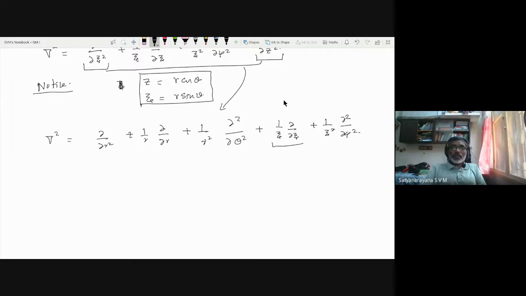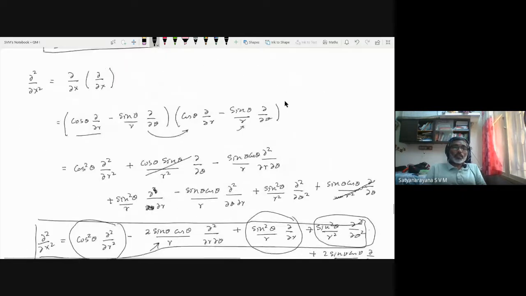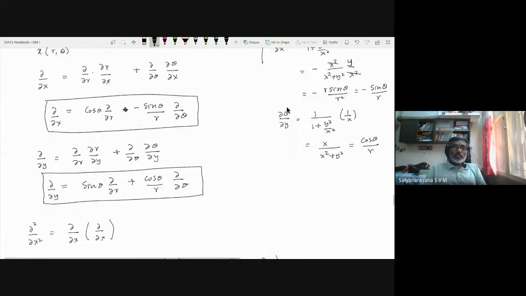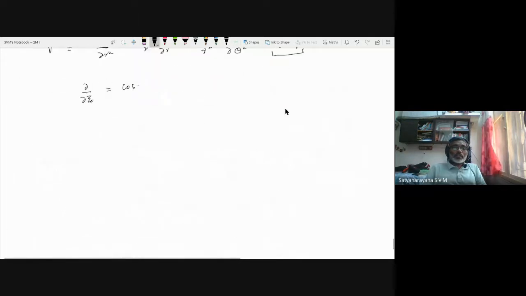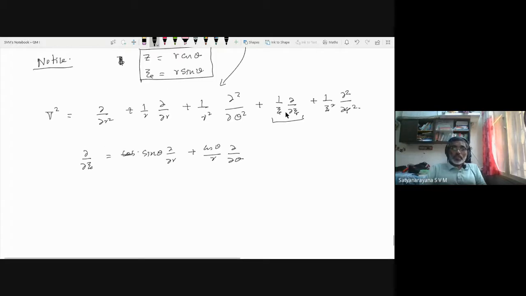You can write this part because your dou by dou psi will now be equal to cos theta, and I think dou by dou y is sin theta. Yes. So this is equal to sin theta into dou by dou r plus cos theta by r into dou by dou theta. So you substitute this one here and then simplify.